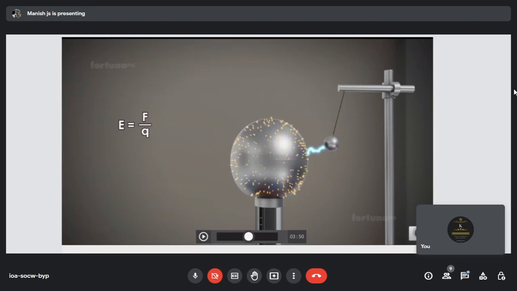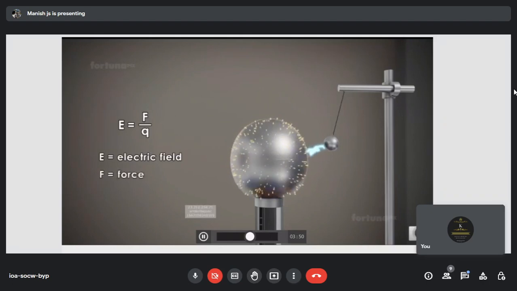The force experienced by a unit charge placed in a region in space is defined as the electric field of that corresponding charge. So that is what we try to understand. Where E is the electric field strength, F is the force, and Q is the charge.